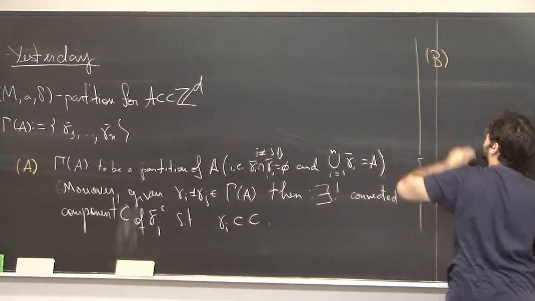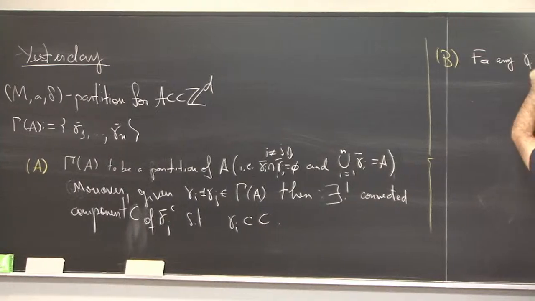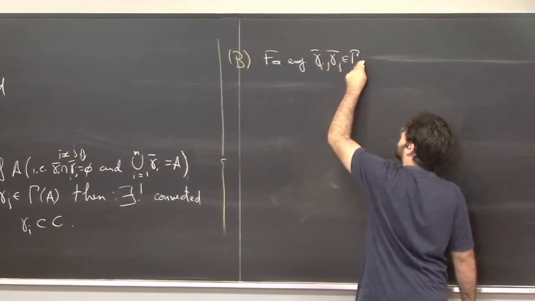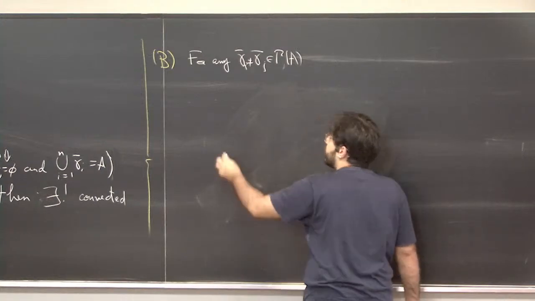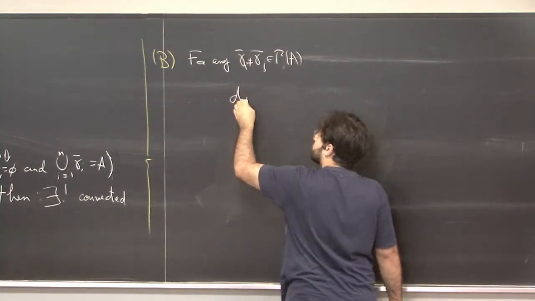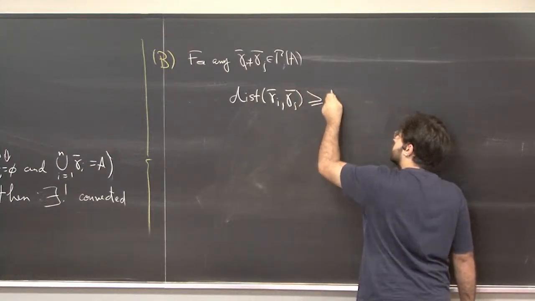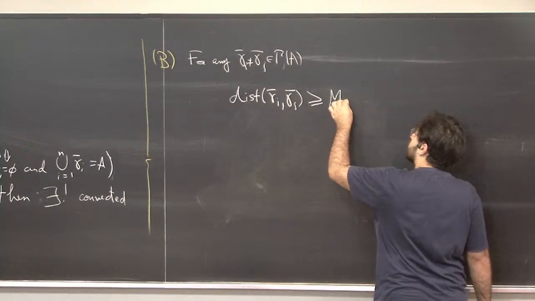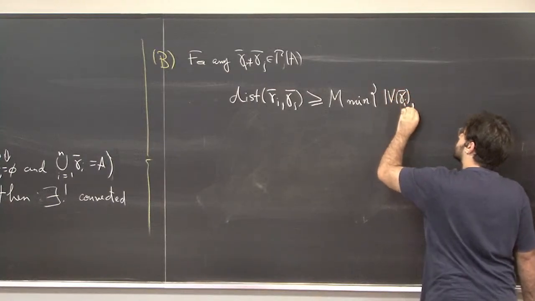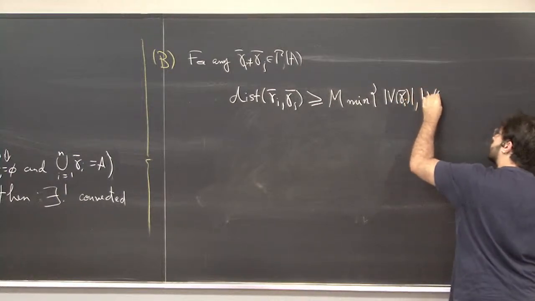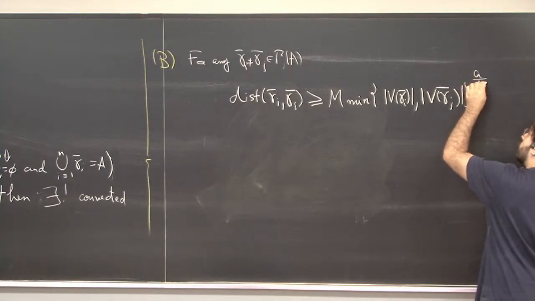So there is a condition B that says that, again, for any pair gamma i, gamma j of elements of gamma A that are distinct, we have that the distance between the two sets is larger than M times the minimum of their volumes, gamma j, to the power a d delta.